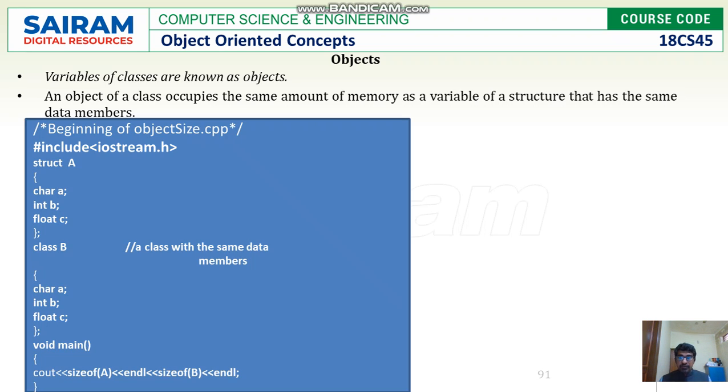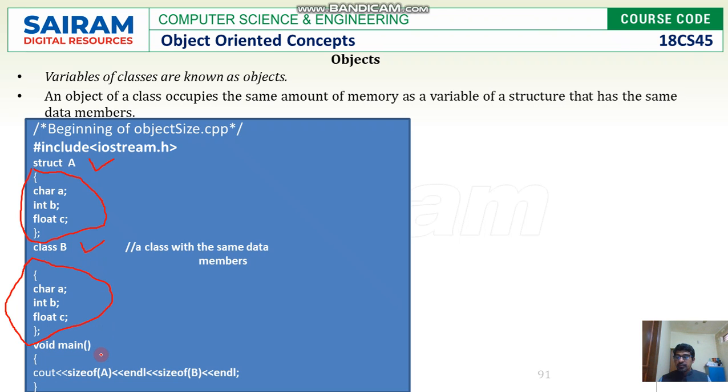So let us see an example for this. First, let us start with the structure. So we have a structure called A, and these are the structure members. And you can also see a class called B. So please remember A is a structure and B is a class.